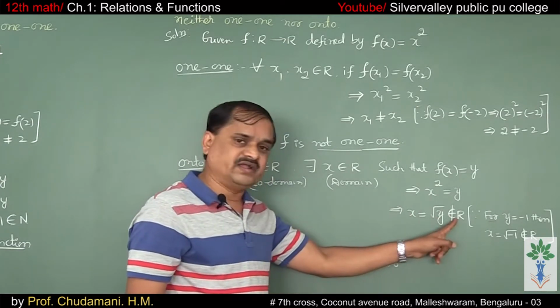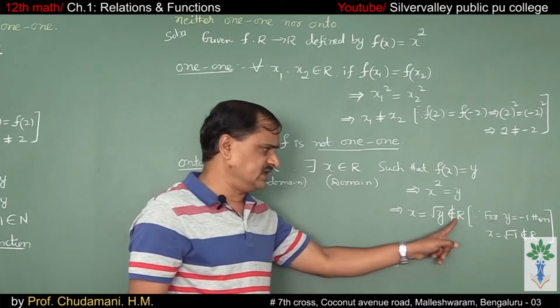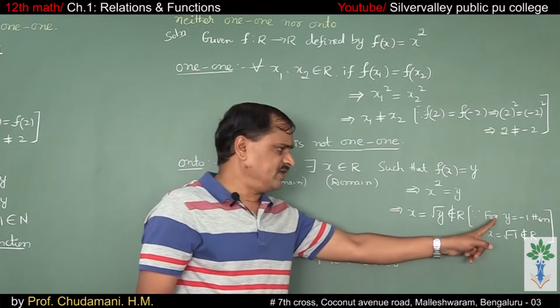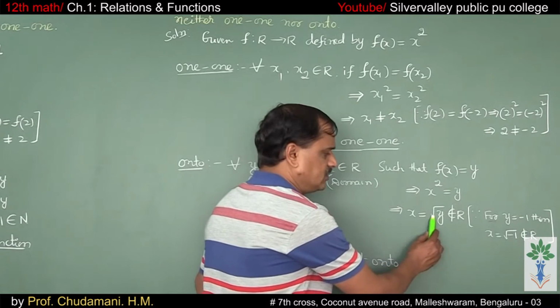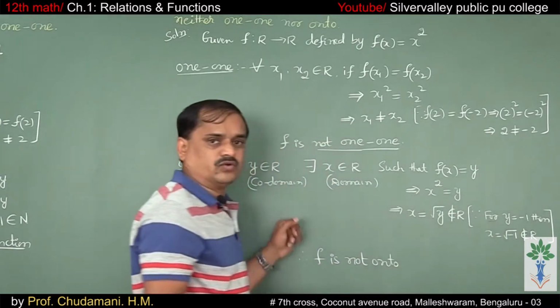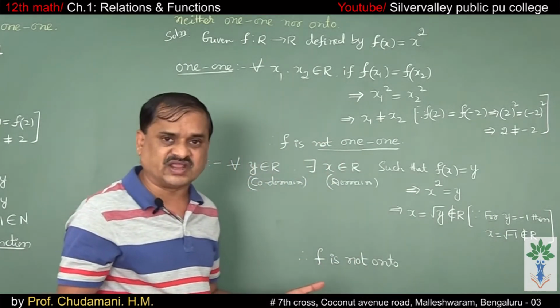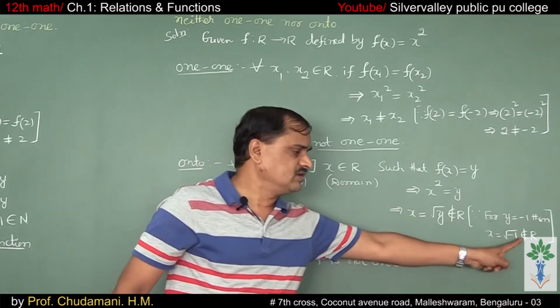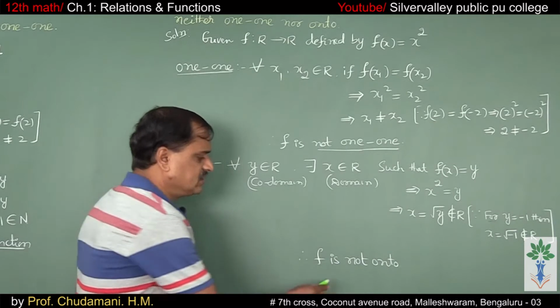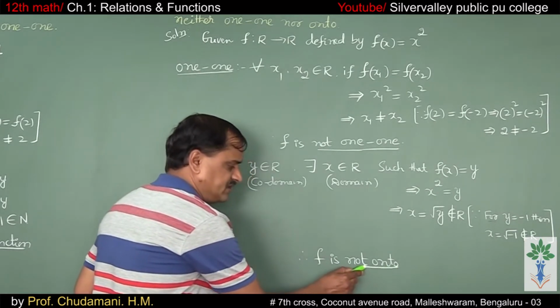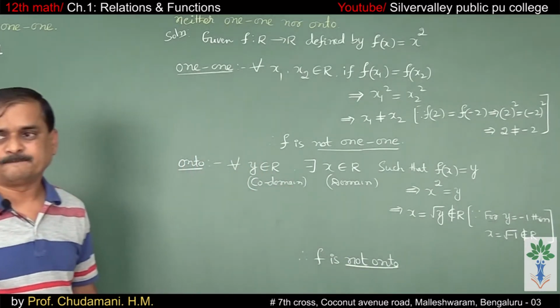So root y does not belong to a real number, because if I select y as minus 1, root of minus 1 is imaginary, a complex number, and does not belong to real numbers. That's why f is not onto.